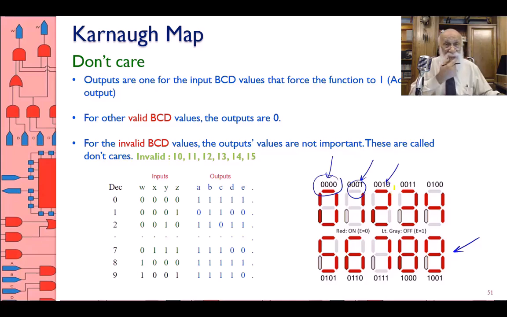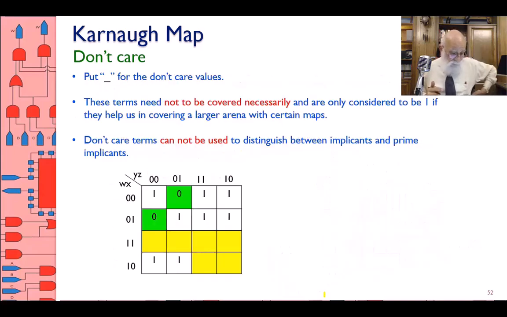Segment A is don't care for 1010, 1011, 1100, 1101, 1110 and 1111. I don't really care what happens to segment A. Okay? And therefore my Karnaugh map for segment A becomes this.